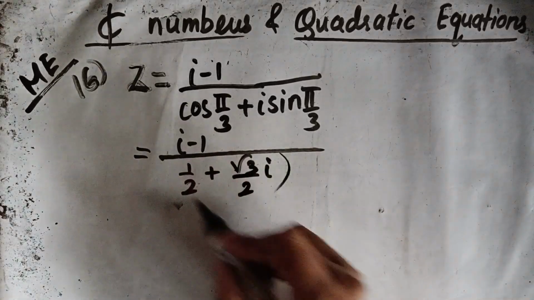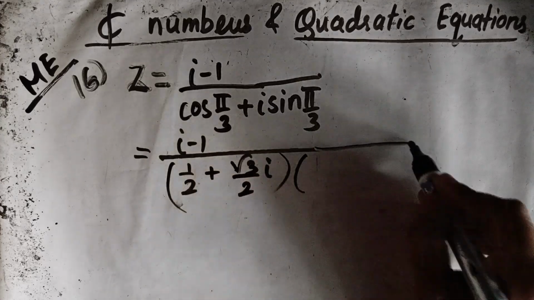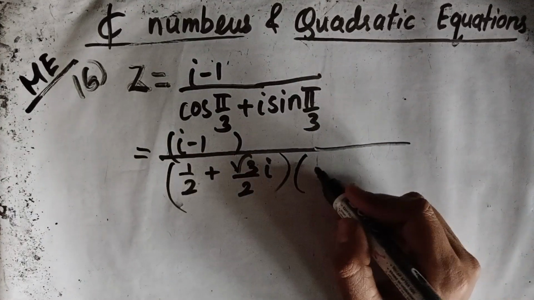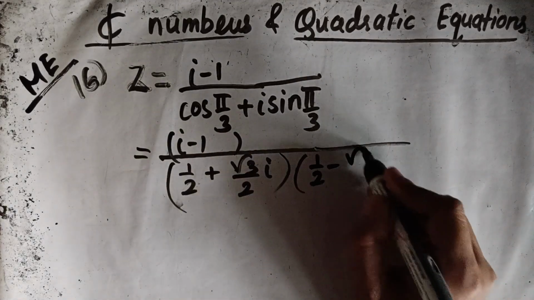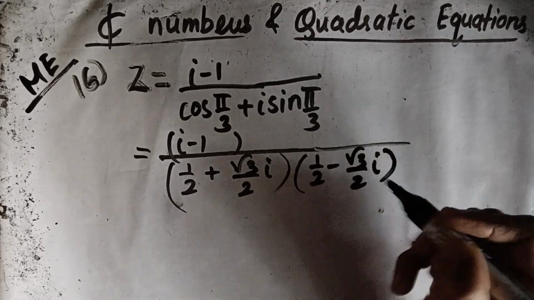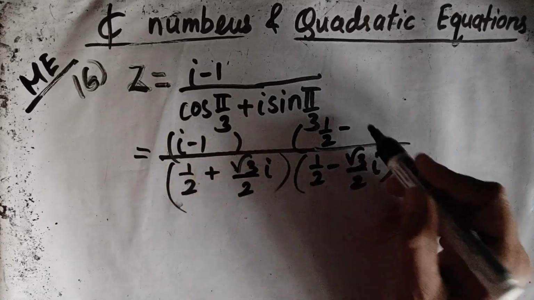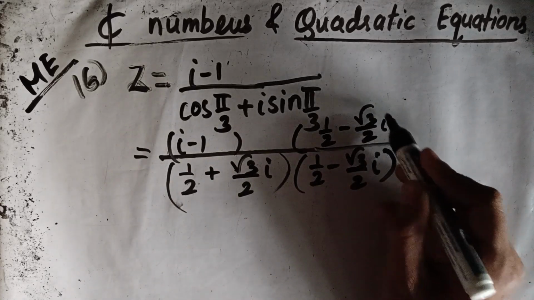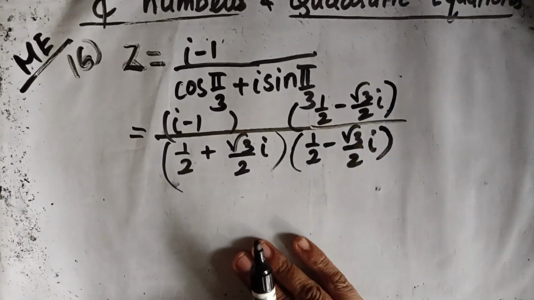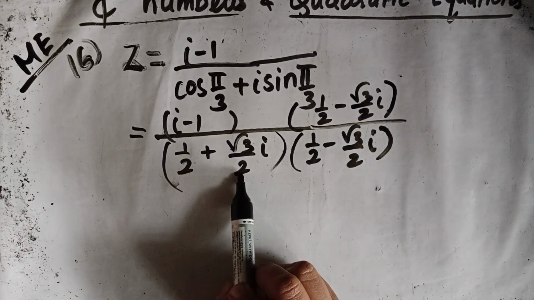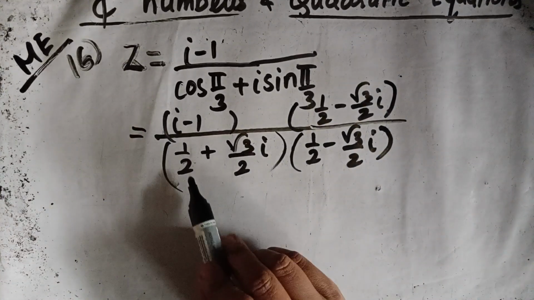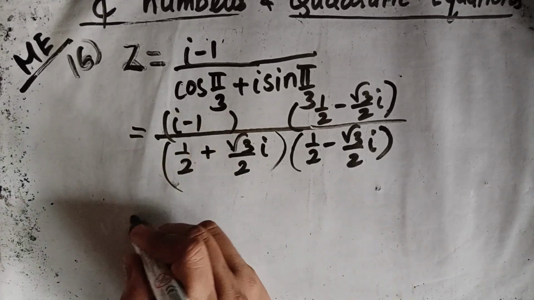Now converting this to a plus ib form, multiply by its conjugate. The denominators are the same, right?